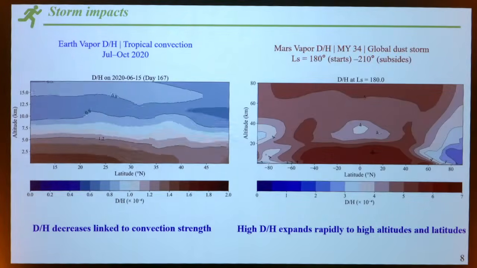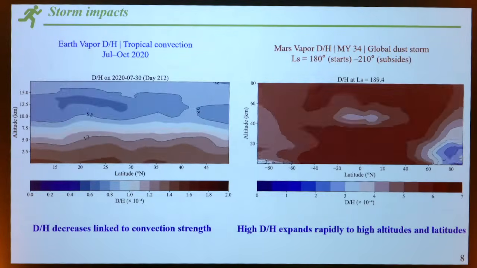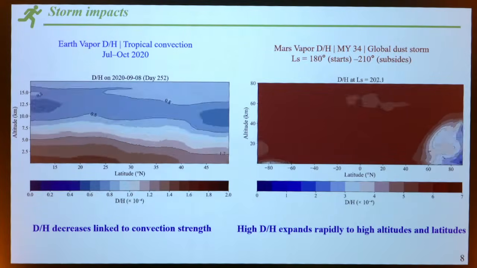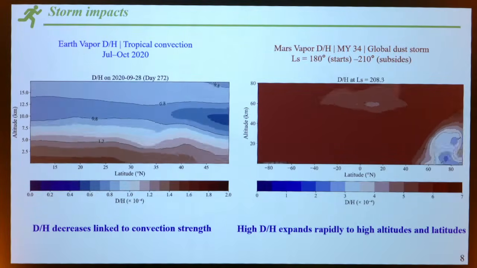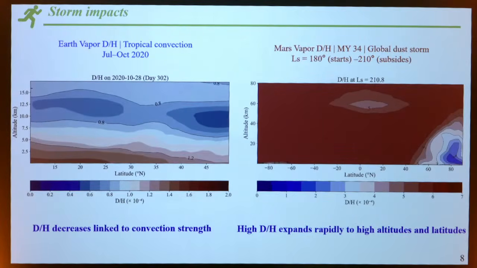And on Mars, when the storm starts, the D2H ratios increase and repeatedly spread to high altitude and high latitude by Hadley circulation. So storms cause opposite isotope responses: depletion on Earth and enrichment on Mars.